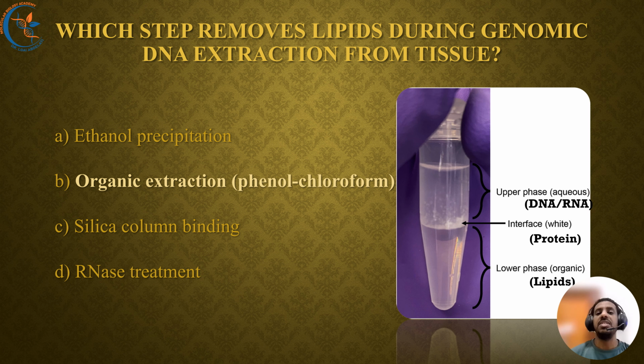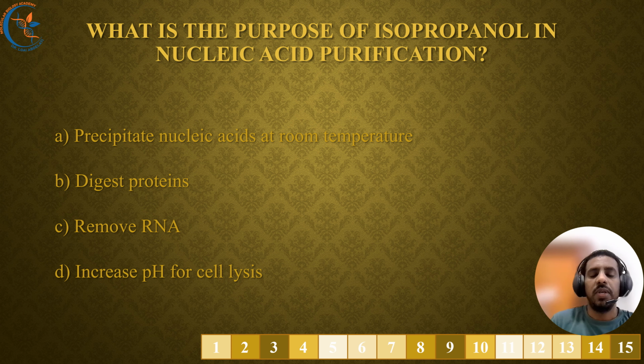This aqueous layer is found at the top of the tube after centrifugation. Okay? Protein, on the other hand, is typically collected at the interface between the aqueous and organic layers, forming a visible boundary, as we see in the image here. Lipids, being hydrophobic, do not mix with the aqueous layer. Instead, they separate and end up in the organic, I mean phenol-chloroform layer, which is the lower phase. Okay? Let's move on. All right, the next question.